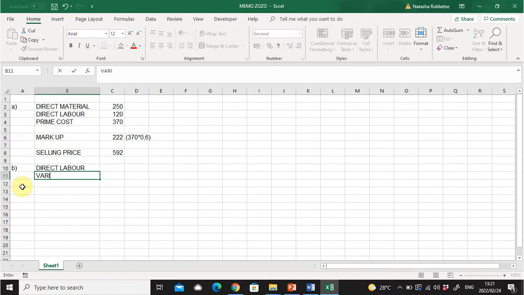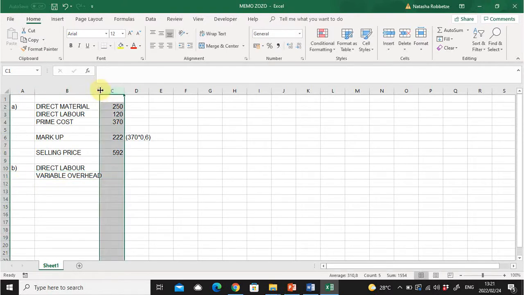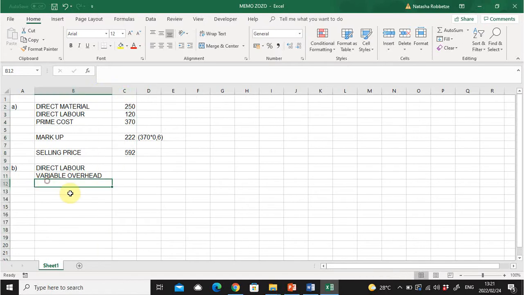our variable overhead, and then also our fixed overhead. Right, direct labor, that was given as 120 Rand a unit.